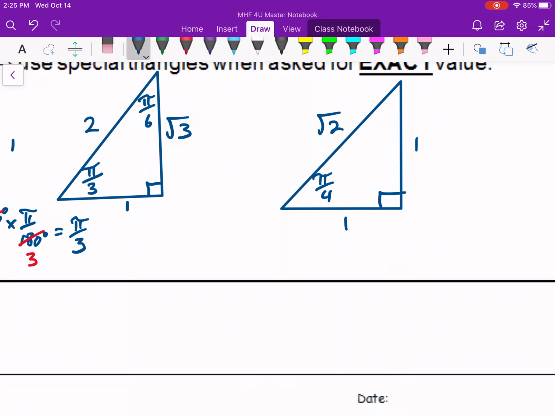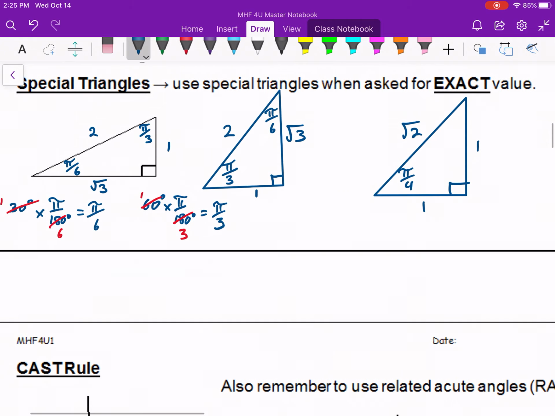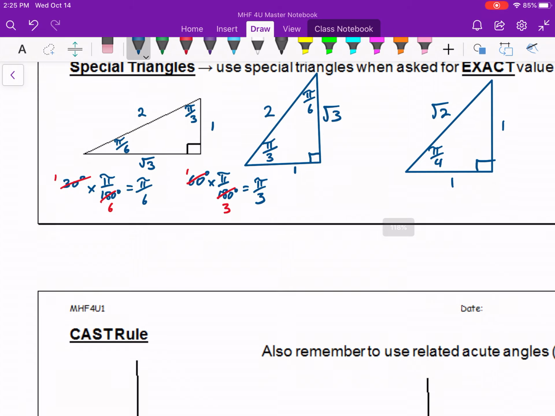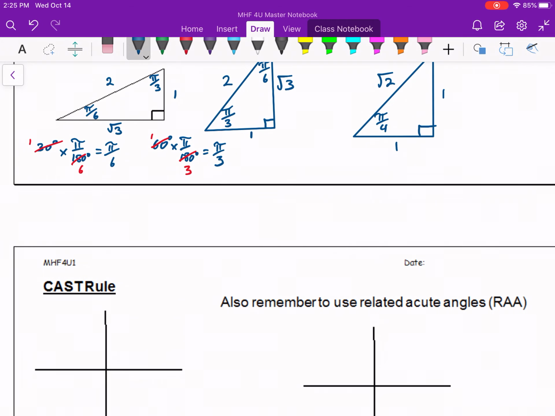So in grade 11, you would have been shown where those numbers come from. I won't take up time with that right now, but these are our special triangles. And then we can combine those different sides, opposite, adjacent, hypotenuse, to come up with some values for some common angles of pi over 6, pi over 4, pi over 3, which are equivalent to, again, 30, 45, and 60.